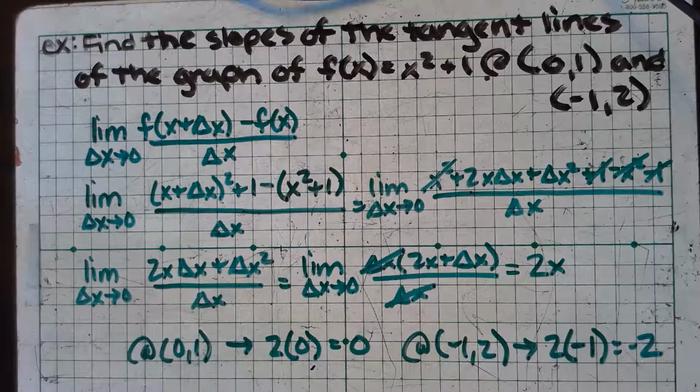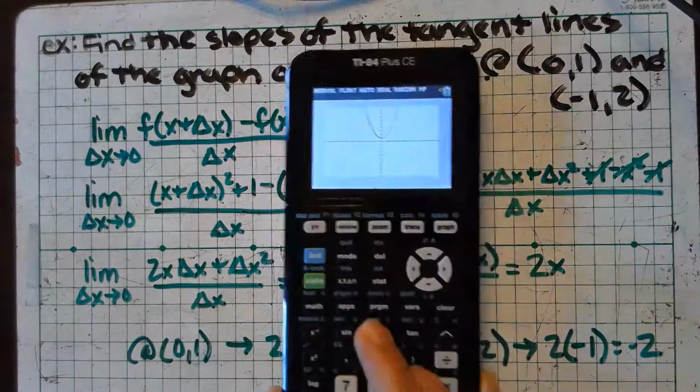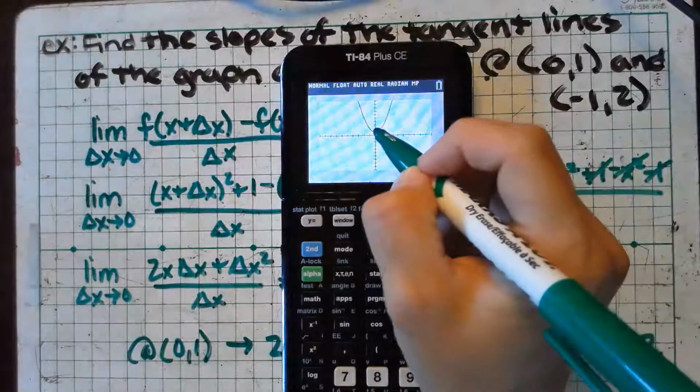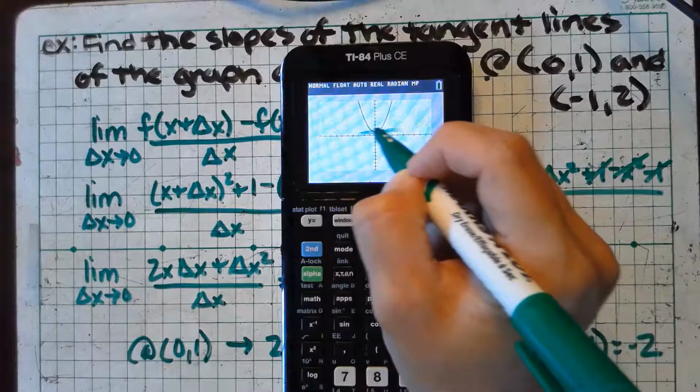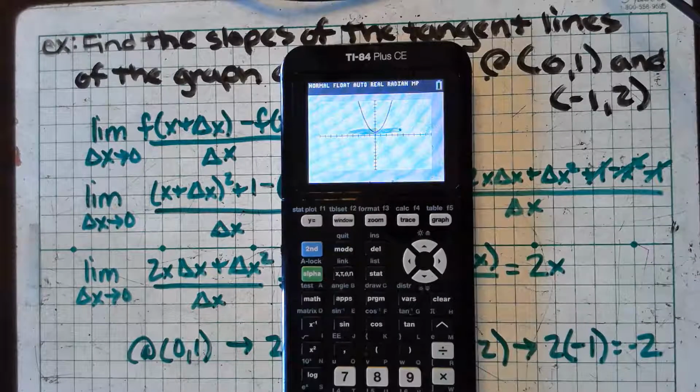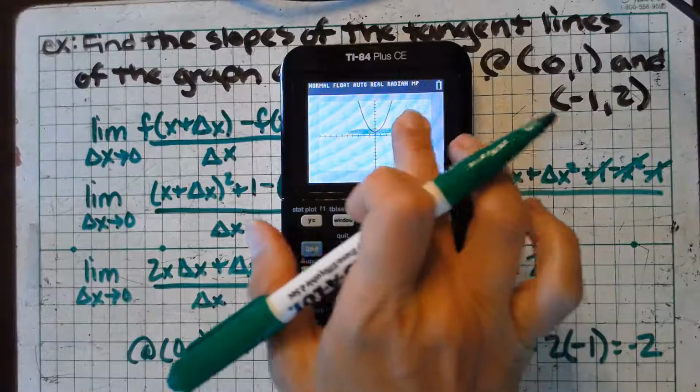And if you actually look at a graph of x squared plus 1, let's let it make sense. At the point 0, 1 is actually the vertex right there. That's tangent, and therefore that tangent line is right there. And look, the slope is 0. It's a horizontal line.